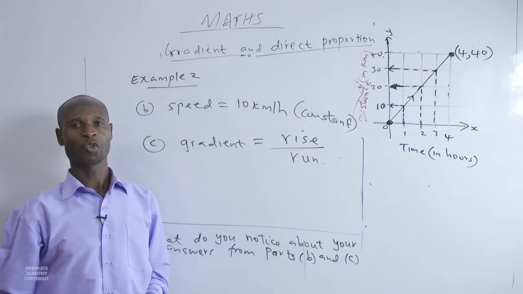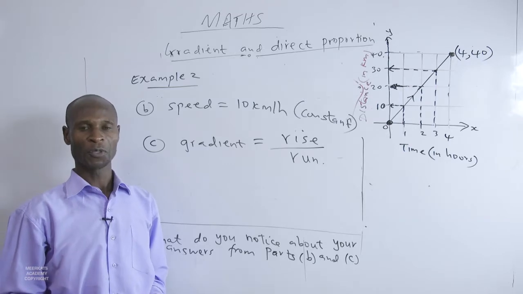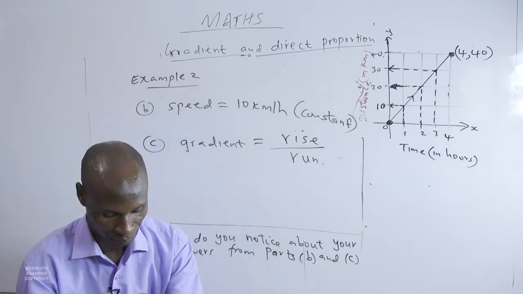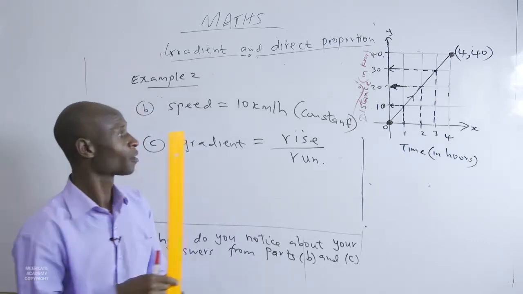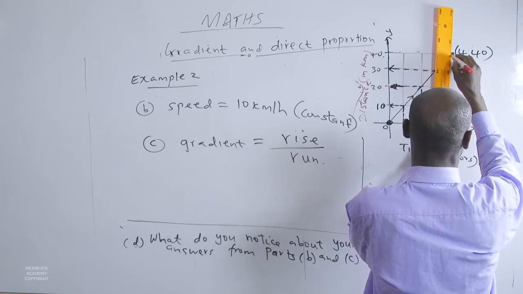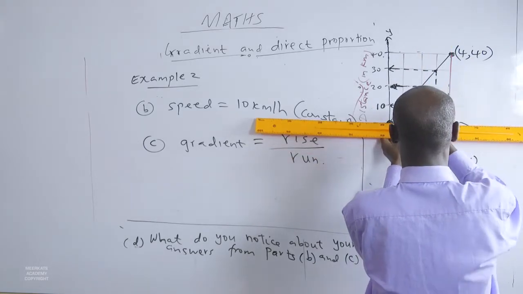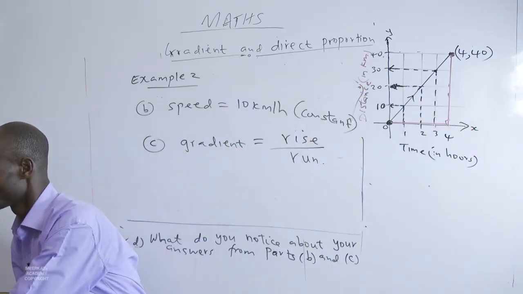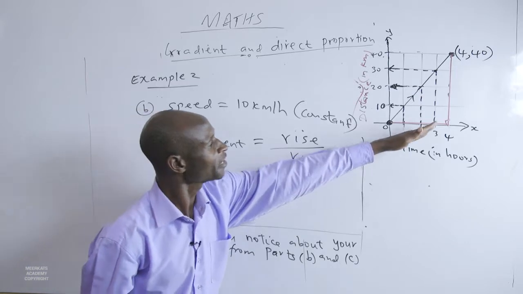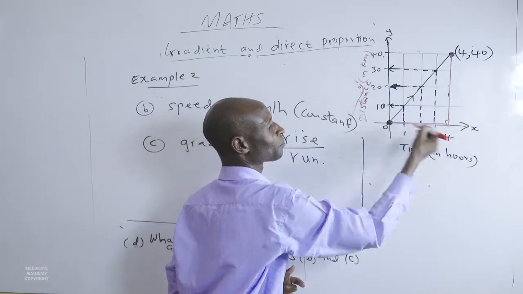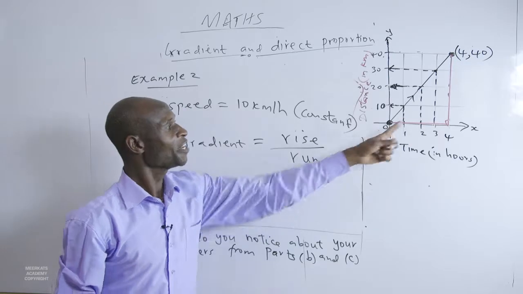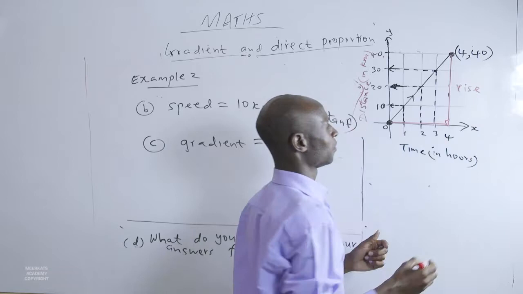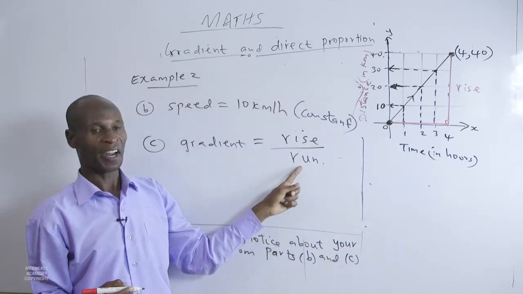If we pick those 2 points, we now create a right-angled triangle. Having created the right-angled triangle, we indicate the rise and we indicate the run.